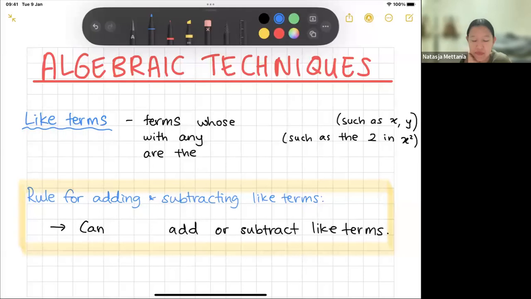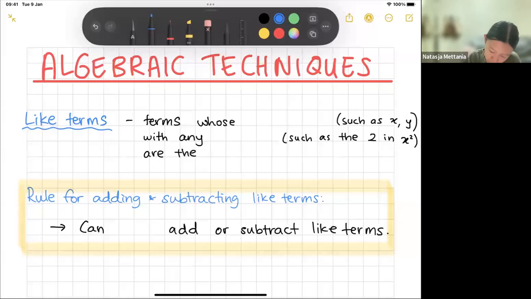Welcome back. Today we're going to be talking about a new topic called algebraic techniques. In the last lesson, you were talking about like terms, which are basically terms that have the exact same letter and exponents, such as the 2 in x squared, right?